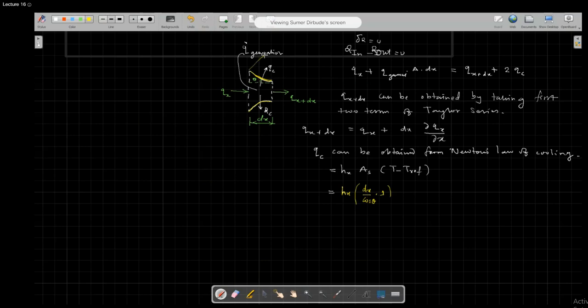So you can get the surface area. And T reference is T infinity, which we have here. So T infinity is taken as a reference.